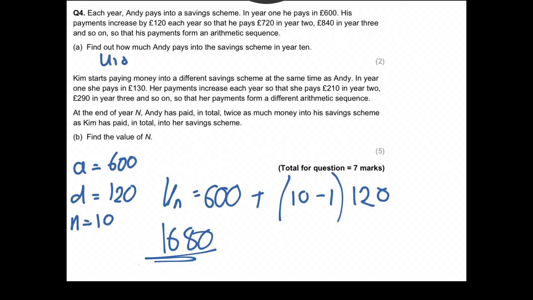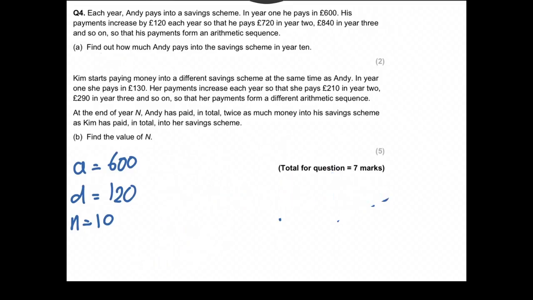Okay, so then we've got Kim starts paying into a different savings scheme, and we're looking at total this time. So if I keep Andy's details there in blue, and we'll do Kim's details in red. So Kim pays in year 1, she pays in 130.